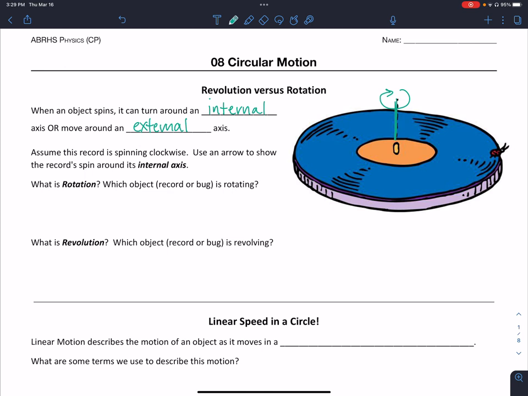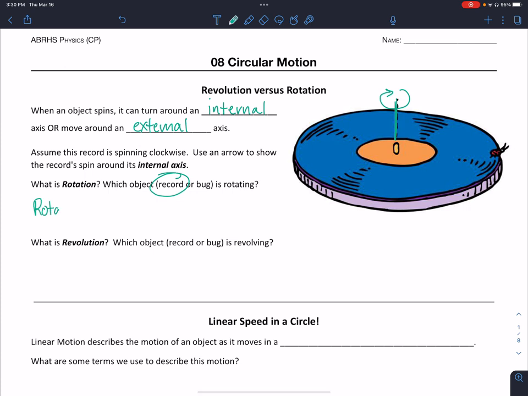To define rotation, the easiest way is to decide which of these two objects, the record or the bug, is actually doing the rotating. Well, the record is doing the rotating here, and we know that because rotation requires movement around that central or internal axis.